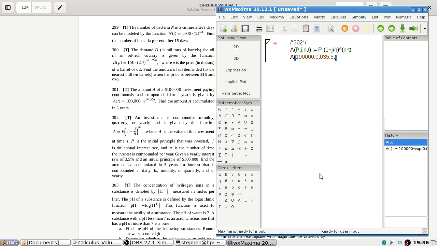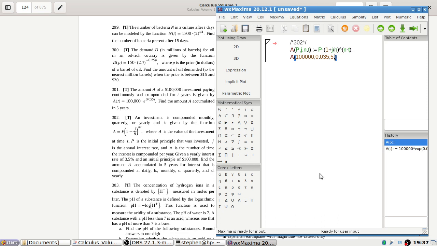Now, hang on. How does an investment compound monthly, quarterly are given, where A is the value of the investment at time t, P is the initial principal that was invested, J is the annual interest rate, N is the number of times the interest is compounded per year.